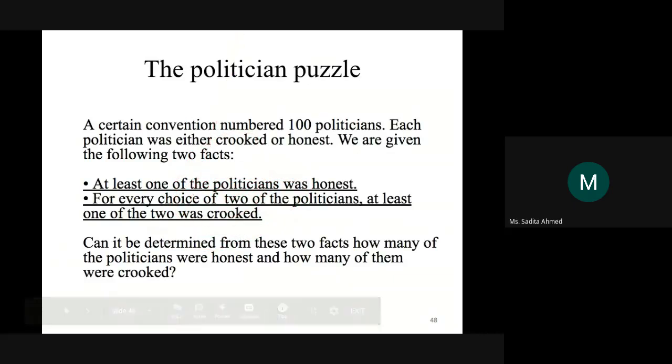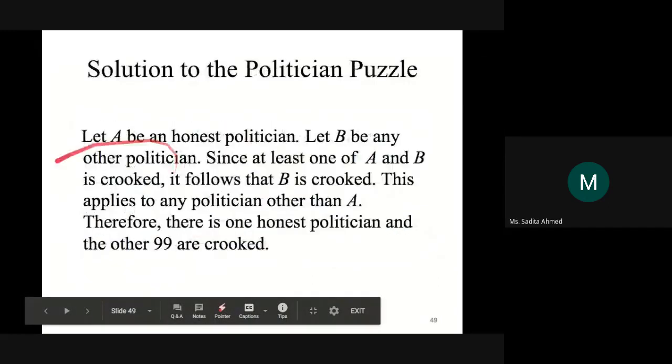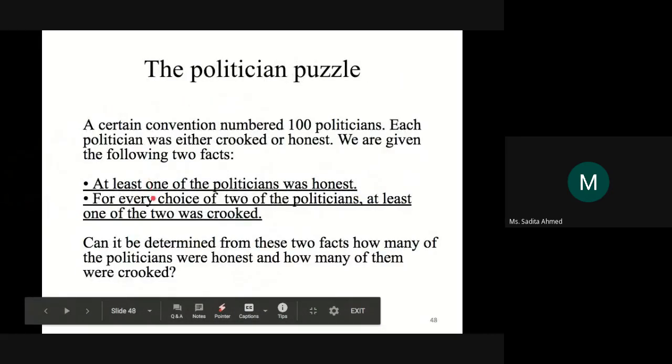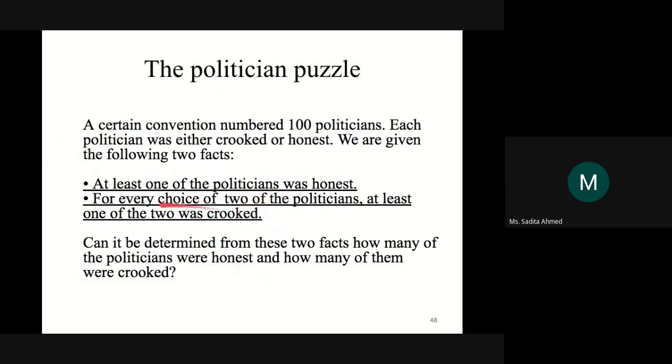Okay, so first think about it, Brishti, forget about this solution. Do you understand the second part, what it says: that for every choice of two politicians, that is for any given pair of politicians, at least one will be crooked? Do you understand this?